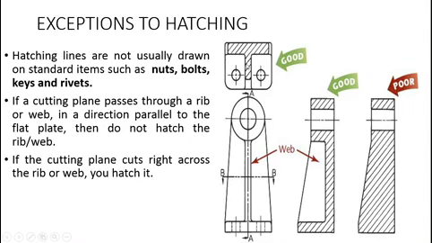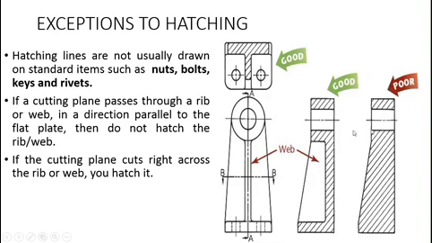If you look at the top here, we have section BB. This means the rib, you're going to hatch it starting from here, going all the way until here. This part here just represents where the rib is, so you're also going to hatch the rib. You are not supposed to hatch everything like this.